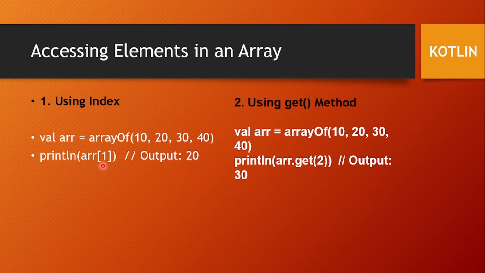Here I have accessed the second element, and the index of arrays starts from 0. So arrays are indexed from 0 and the first element in our array would be at index 0 and the second at index 1. This will be the second element at the first index. So 20 is stored in the second element of our array.